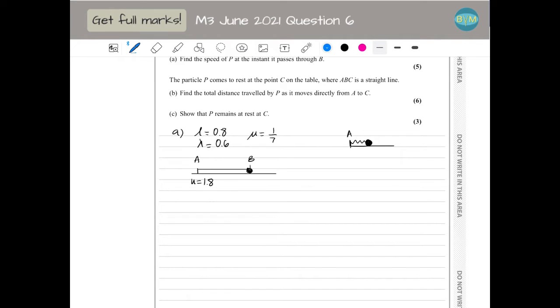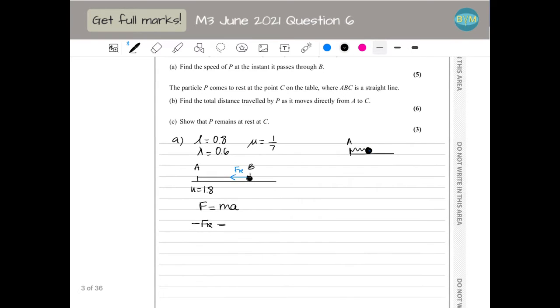So for this particle, before the string gets taut, I have only friction in this way. So my equation is going to look like force is mass times acceleration, because I want to find the acceleration. Force is just the friction, negative, and that is going to be the mass, 0.4 kilograms, times a.